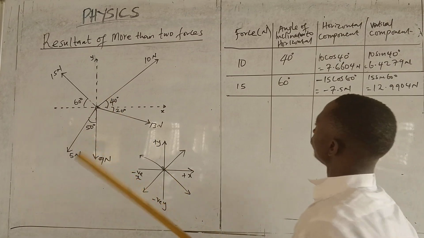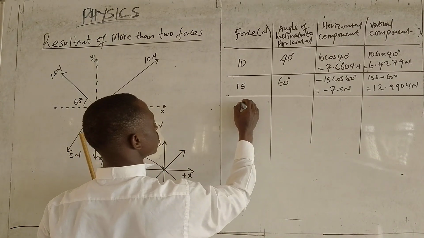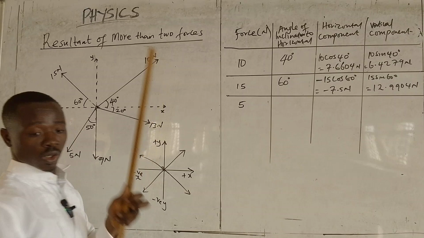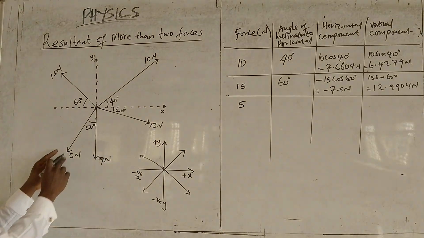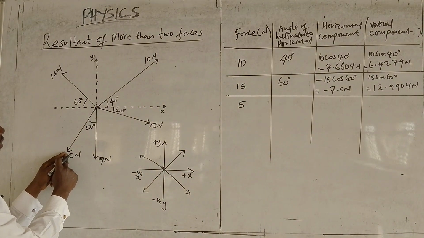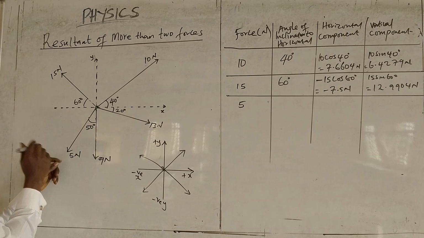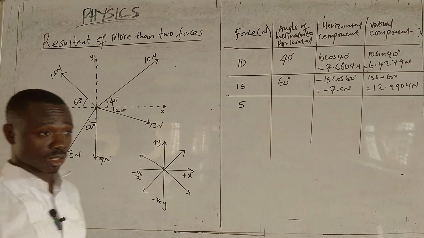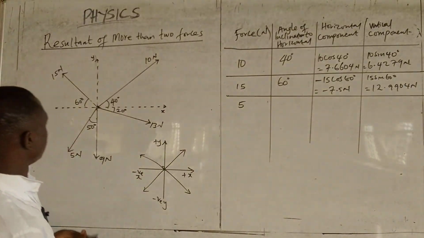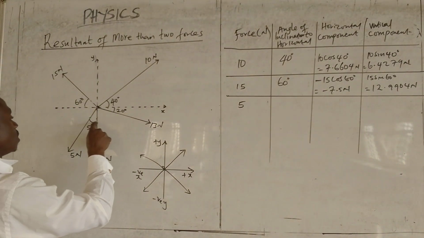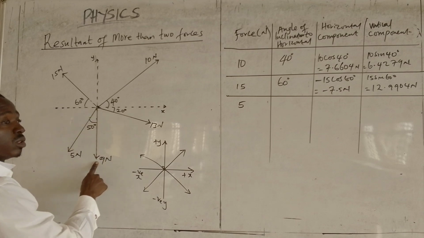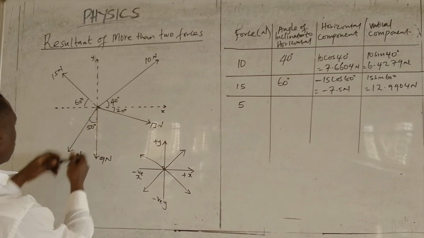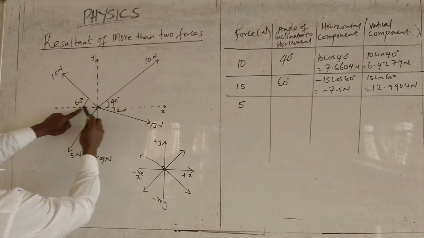That's 5 Newton. So what is the angle of inclination of this 5 Newton to the horizontal? I know some of you will say 50 degree. The angle of inclination we have here is to the vertical, not to the horizontal. Where's the horizontal? The horizontal is this way.